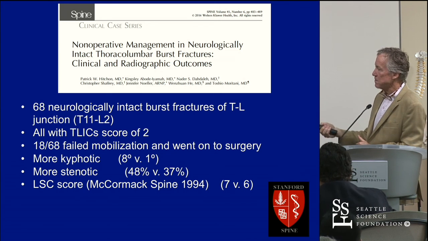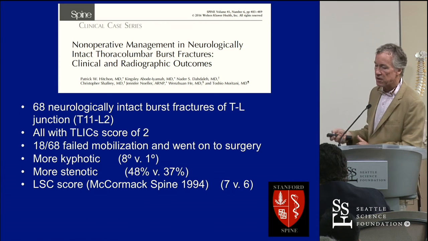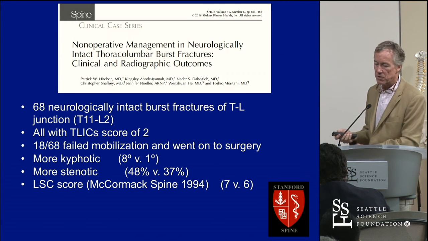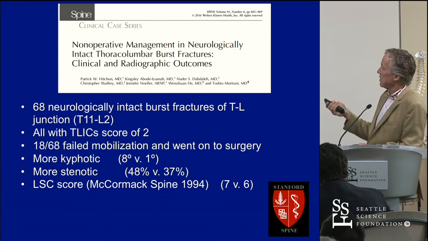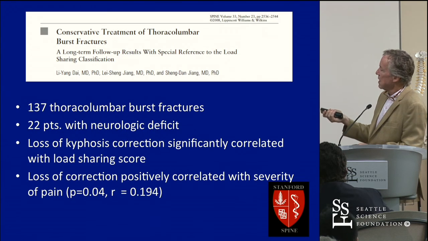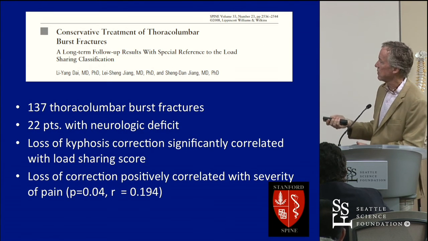I mean, pain is pain. We often had people with painful fractures when they mobilized, but we insisted on staying the course with the corset or the brace. We weren't there in Virginia when they assessed the pain. But their conclusion was that there were people who were too painful when they got up in a brace to tolerate wearing it, and they went on to successful surgery because they had a high degree of comminution anteriorly.